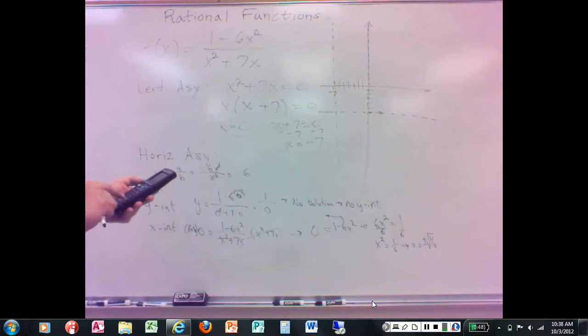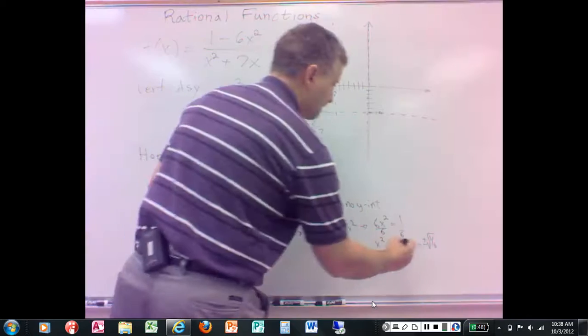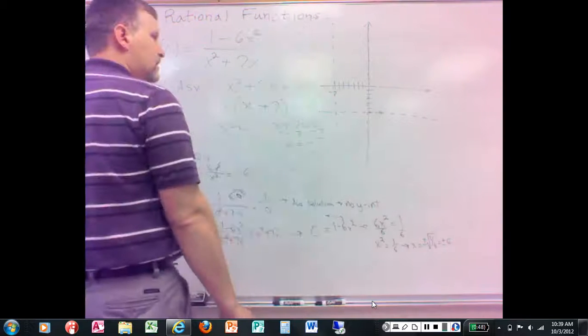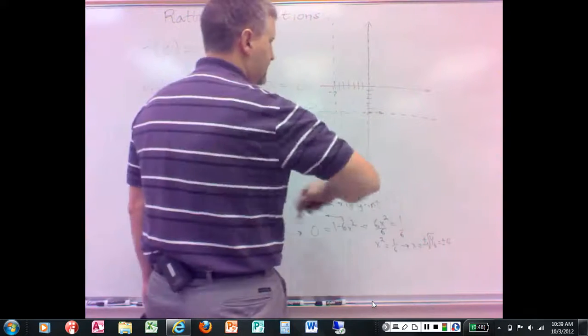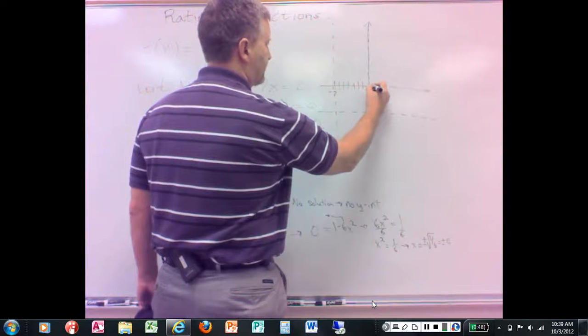The square root of 1 divided by 6 is about 0.4. All right, so no y-intercept, and the x-intercepts are positive 0.4 and negative 0.4.